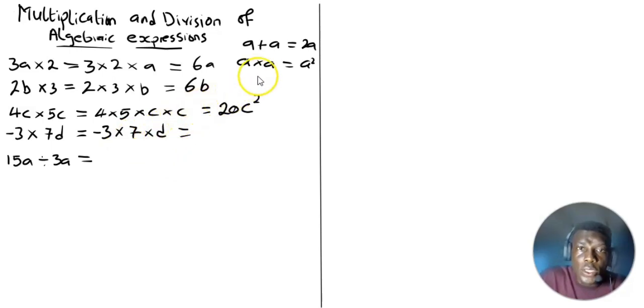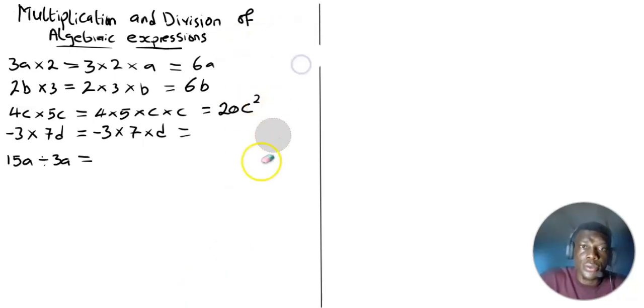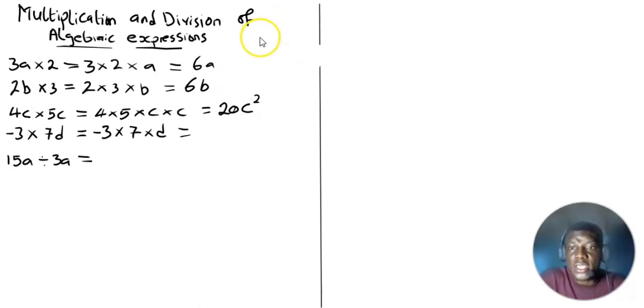Remember, I think I have to give you this rule. Here you have these rules that will guide you when it comes to multiplication of algebraic terms. When plus multiplies a plus sign, it will give you plus.